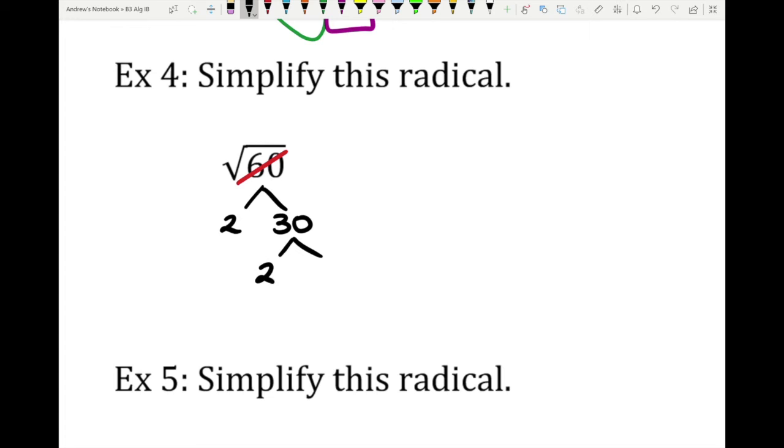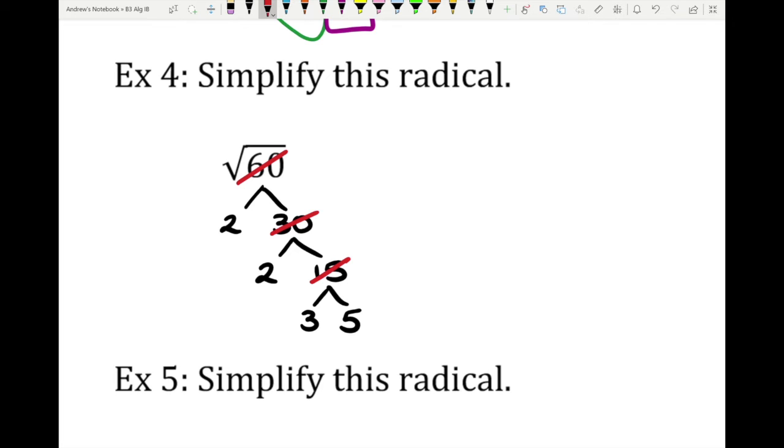I could break 30 into 2 times 15, and we used up the 30. For the 15, I can break that into 3 times 5, and we used up the 15. I can stop at 5 as well, because 5 is just 1 times 5. So these are our prime factors. I can't break these down anymore.